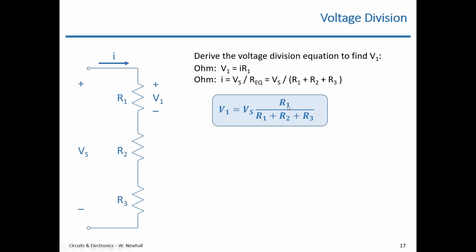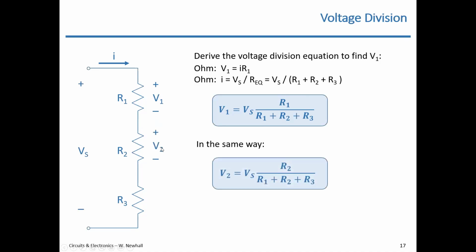I could go rederive this, or I could recognize I can apply that same pattern to figure out V2, the voltage across R2. So V2 equals the voltage across the series set, VS, times this ratio. On top, the resistance across which you want to find the voltage, R2. In the denominator, the sum of the resistances.